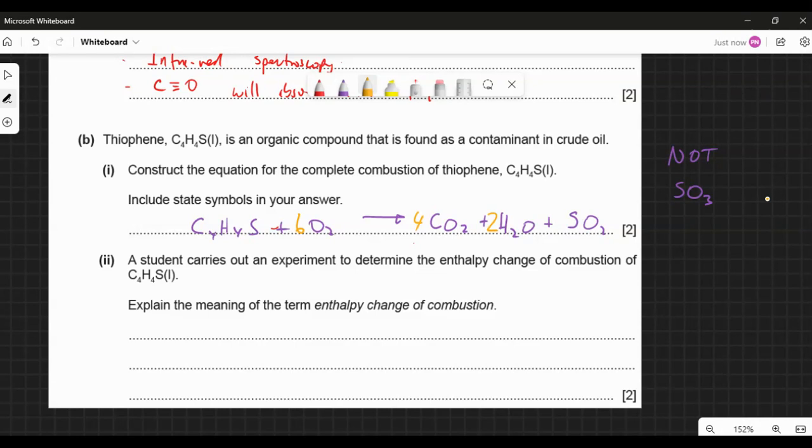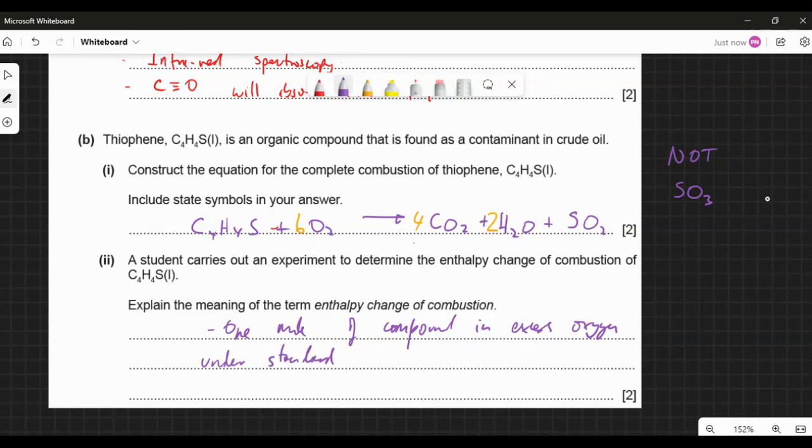A student carries out an experiment to determine the enthalpy change of combustion of that, explaining the meaning of the term enthalpy change of combustion. Right, what are the pivotal points there? Well, we're burning 1 mole of compound, that's pivotal, in excess oxygen under standard conditions.